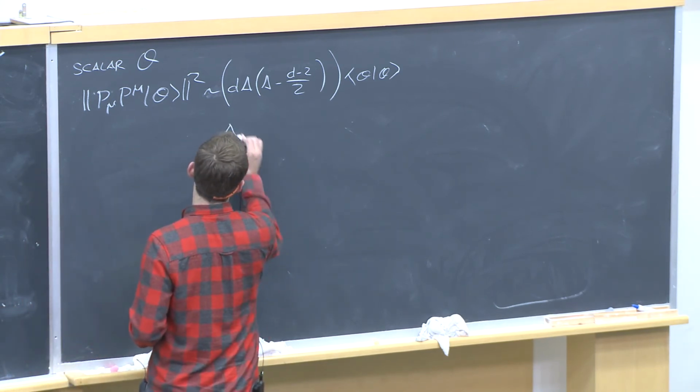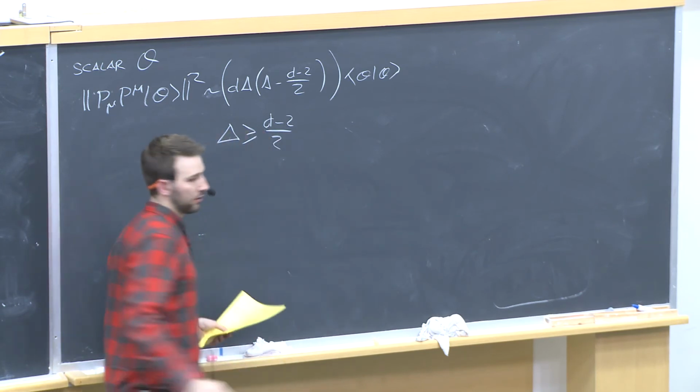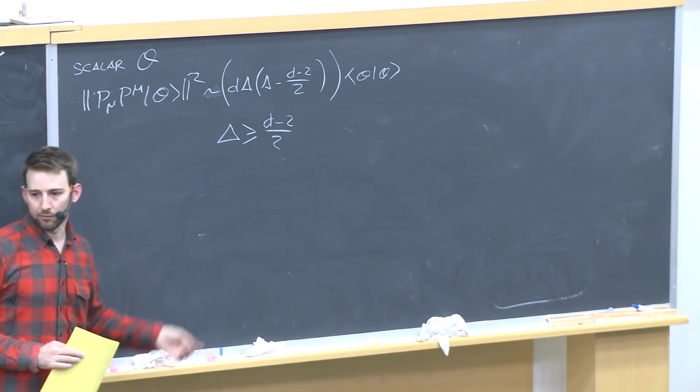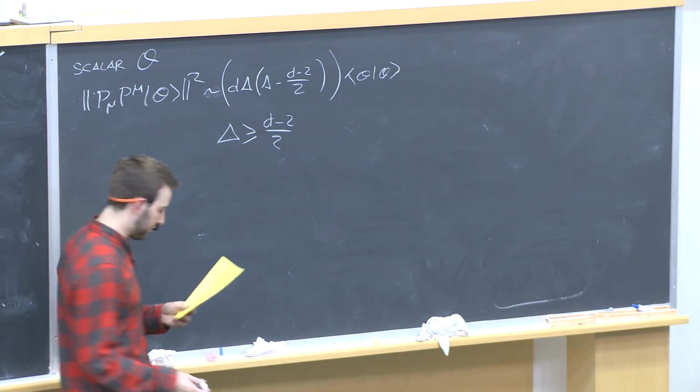And we see that for this to be positive, there's a lower bound on the conformal dimension of any scalar operator, which is d minus 2 over 2. You immediately recognize that that's the dimension of a free scalar, so you can't go lower than a free scalar.